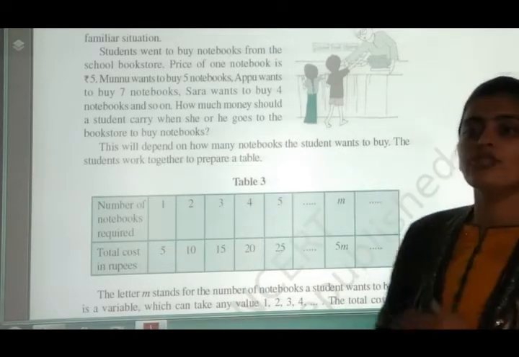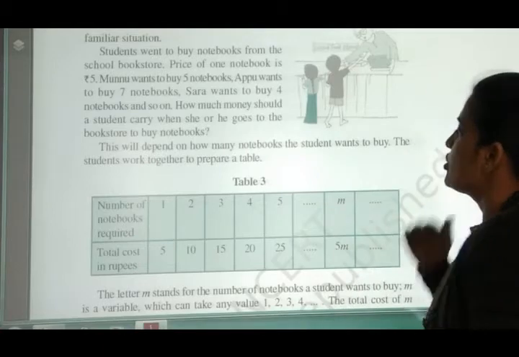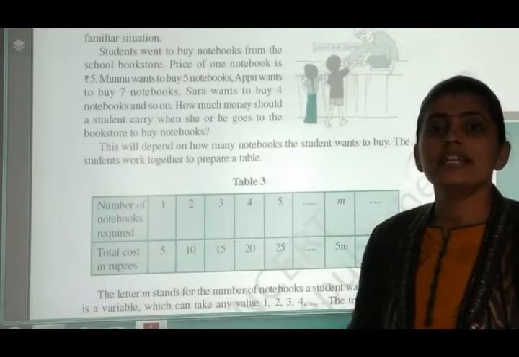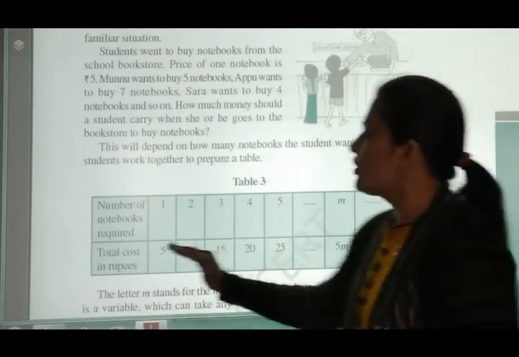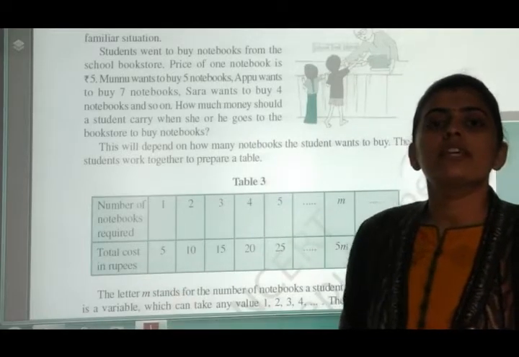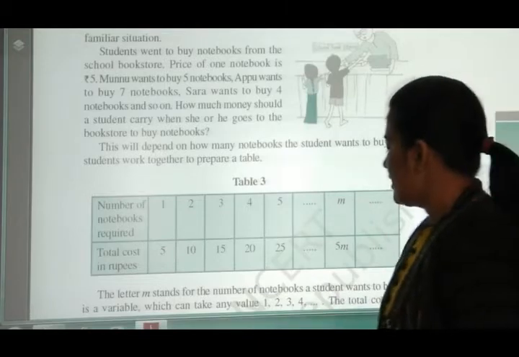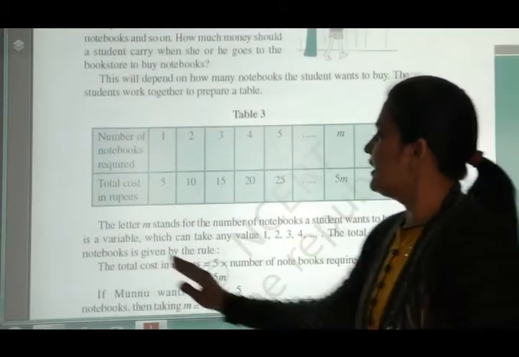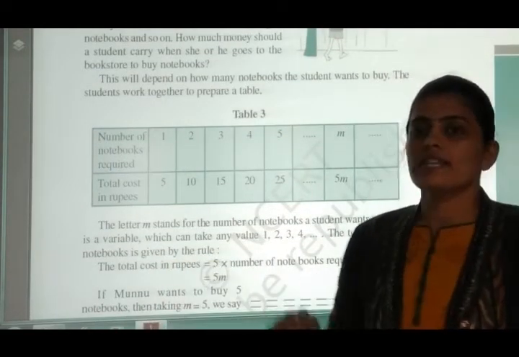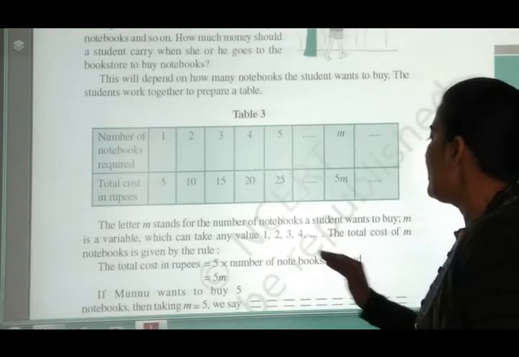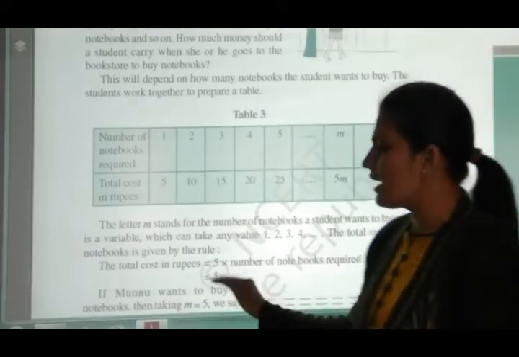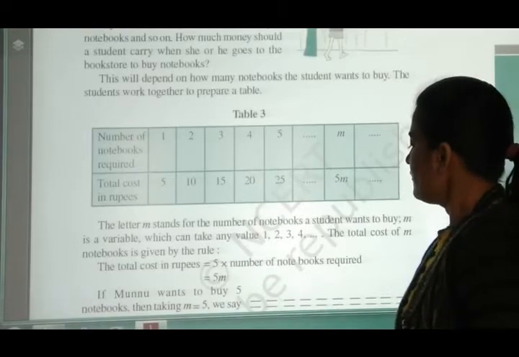Simply, we have to multiply m with 5. If the number of notebooks required is m, then the total cost will be 5m. So the rule for this table becomes: total cost in rupees is equal to 5 multiplied by the number of notebooks required, that is 5m.